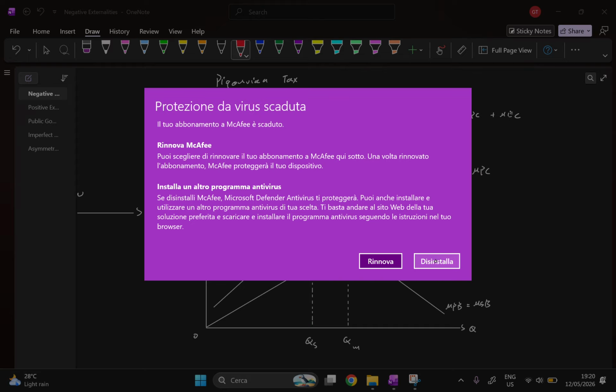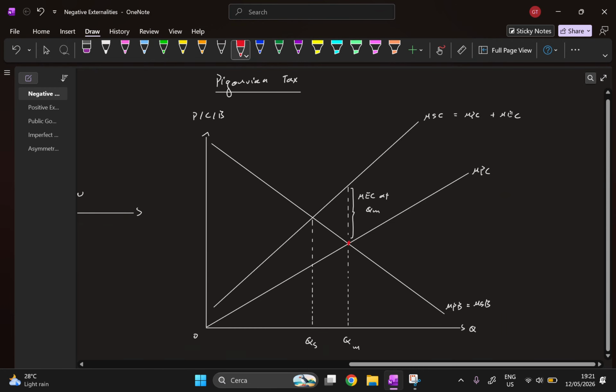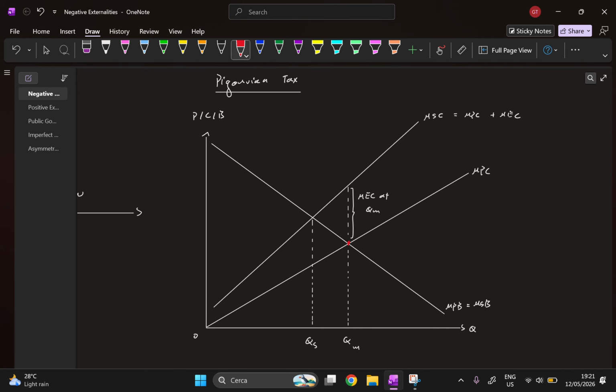But what you can do, sorry about that, is shift the marginal private cost associated with production or consumption such that this rational producer or consumer, after weighing his private costs and benefits, will choose to produce or consume at QS. So what is going to happen is initially I have this MPC.